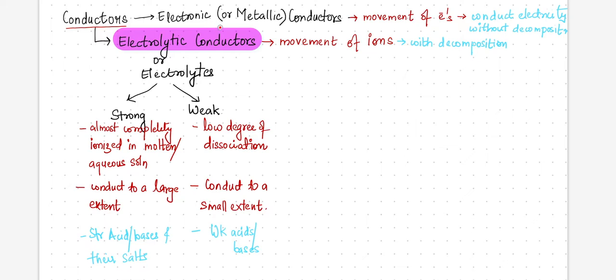Now, electronic conductors, as you can understand from the name, means that the conduction of electricity is basically a result of the movement of electrons. That is what is responsible for conduction in the electronic or the metallic conductors.